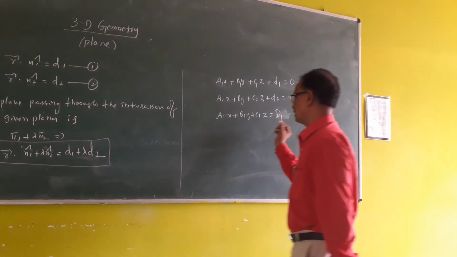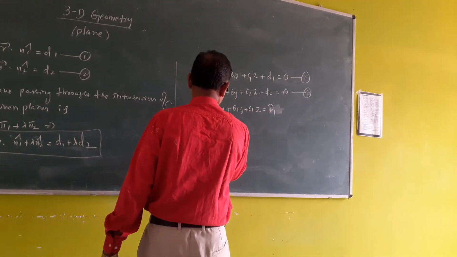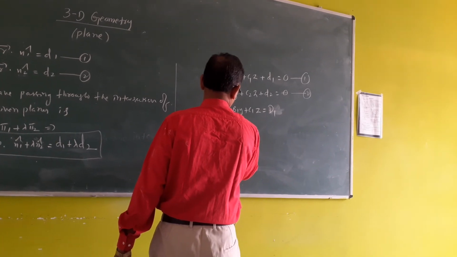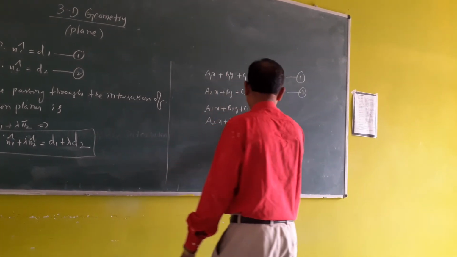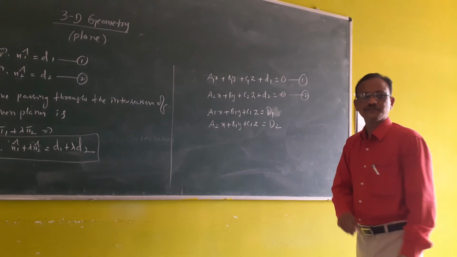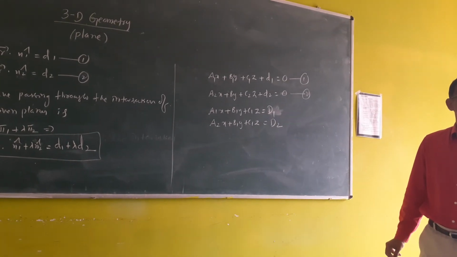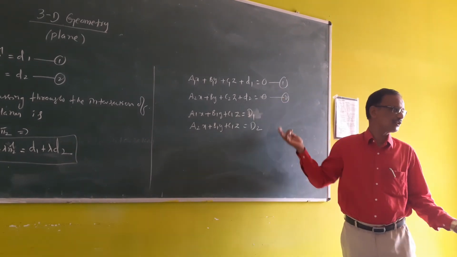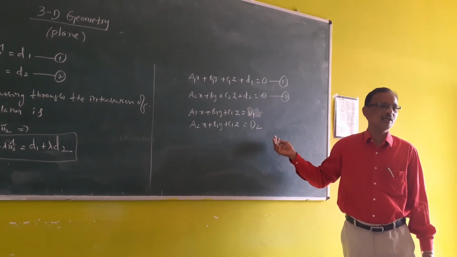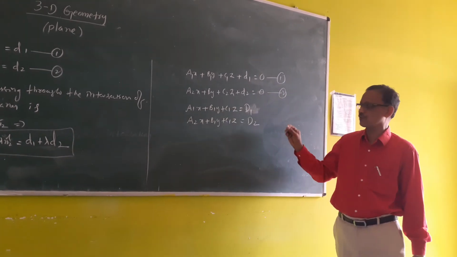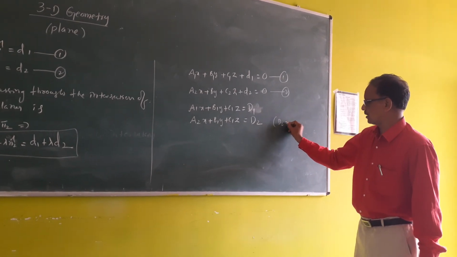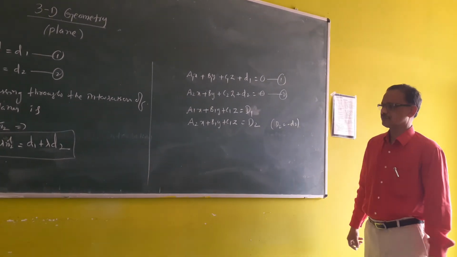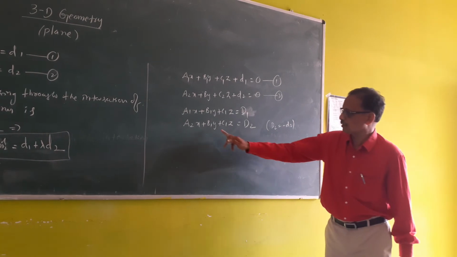Next, the second equation: a2 x plus b2 y plus c2 z equal to capital D2, where D2 equals minus d2.